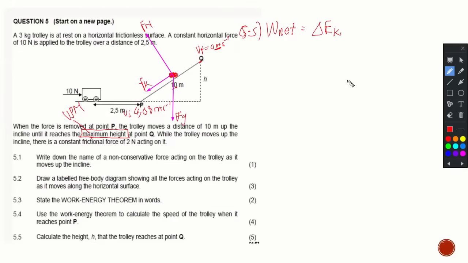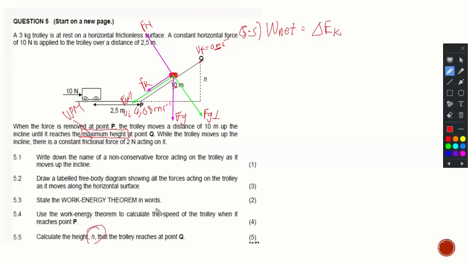And it's very important to note that not only Fk will be doing work on the object, but also if we break down the Fg into components, since we are on an incline, remember again, go check my video on Newton's second law. On an incline, this is where we normally say you have to break down Fg into Fg perpendicular and also Fg parallel. Okay, so now what are we looking for?